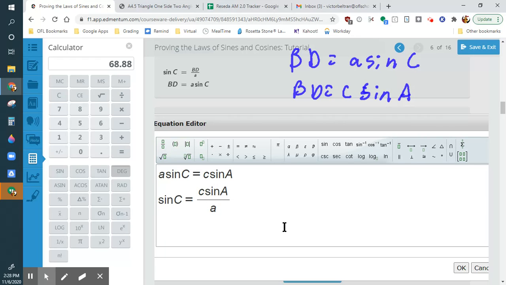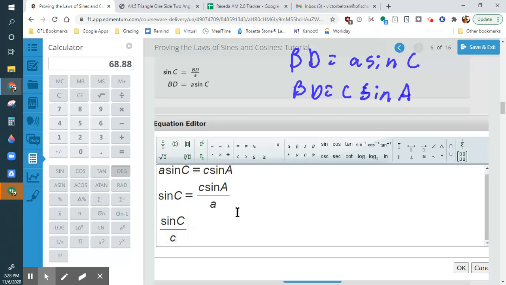Well, I want this to both be fractions, so I'm going to divide both sides by little c. So I end up getting sine of big C, because it's the angle, over sine of little c. And now since we divided by little c, that sine of that little c is no longer there.